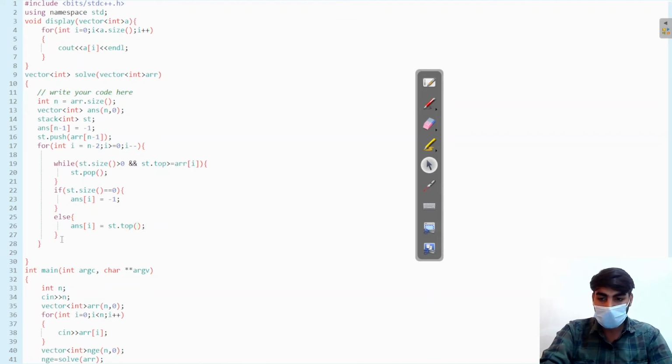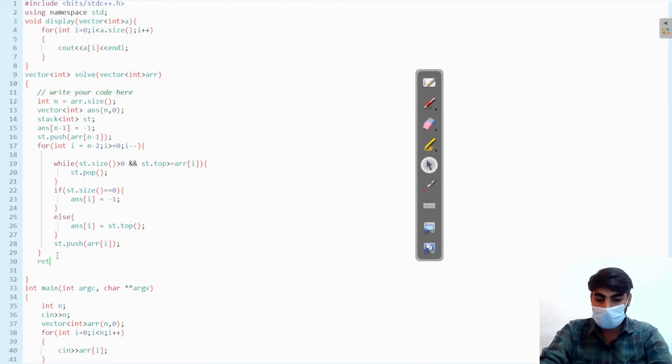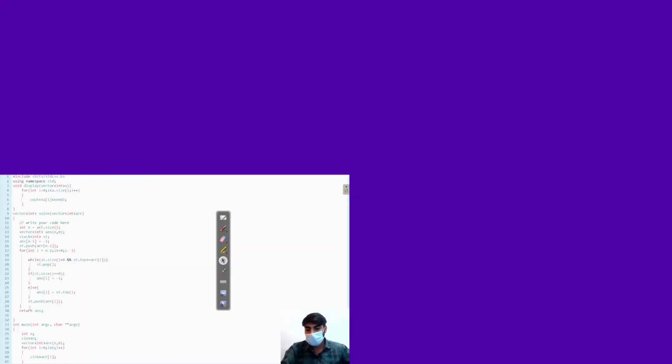and then we push that element in the stack, so we are pushing it here at i. Okay, and at the end I am returning the array answer. So these two conditions you can see here.